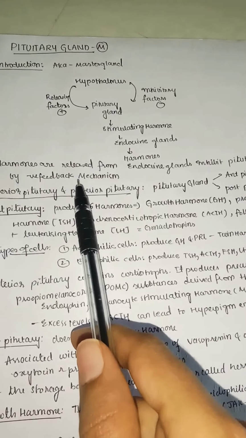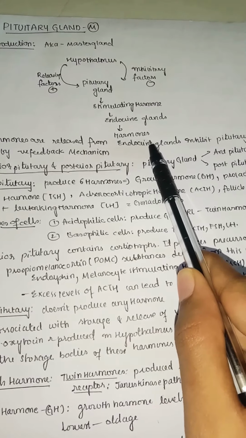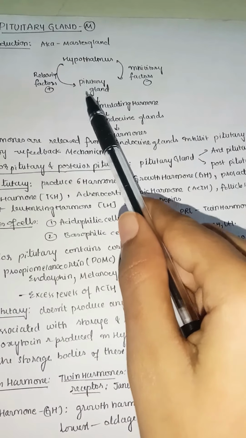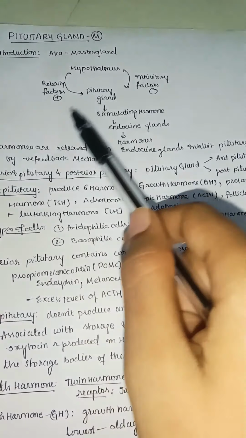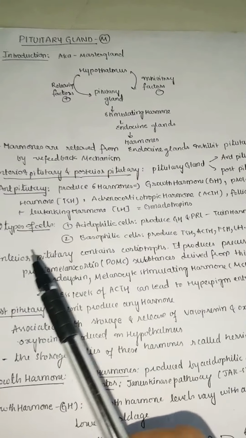We already discussed negative feedback in our general physiology, right? Negative feedback is whenever any hormone is in excess in our body, it itself inhibits the pituitary gland, telling it to stop producing more hormone, and it may even directly inhibit the hypothalamus, which is the head of the pituitary gland. So it may also tell the hypothalamus to decrease the production of that specific hormone.